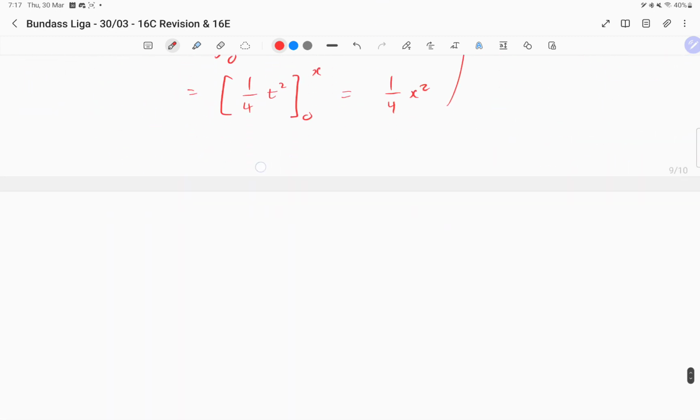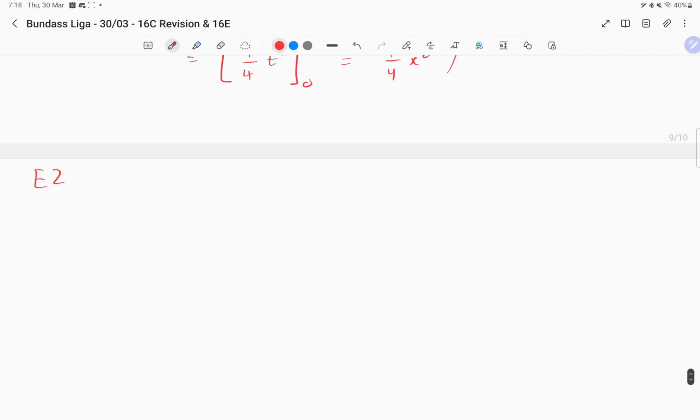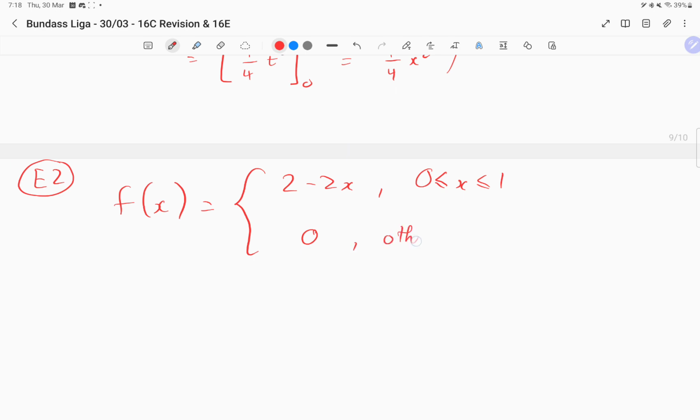Okay, next one, let's try another one. So extra question 2, same thing. Find me a CDF for the following PDF. Okay, see if you can work it out. Actually, I should give a standard one first and then give you this extra one. Okay, go.